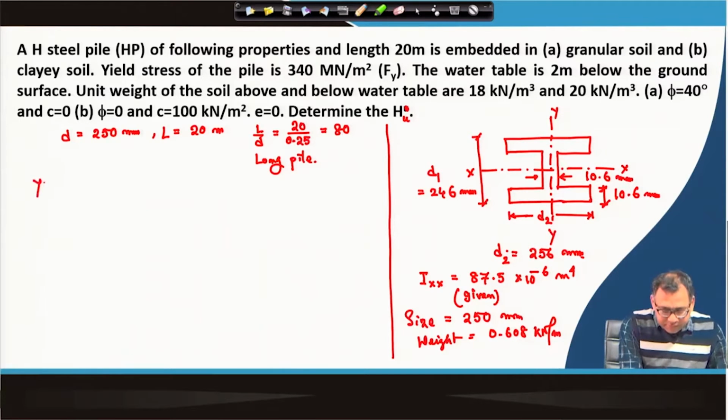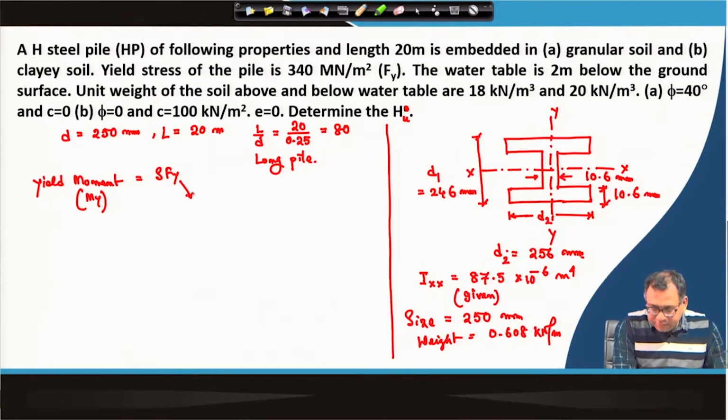So, yield moment is equal to S into Fy. What is Fy? Fy is the yield stress and S is the section modulus.